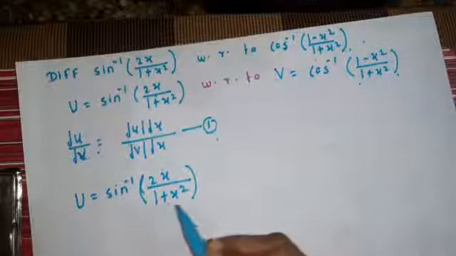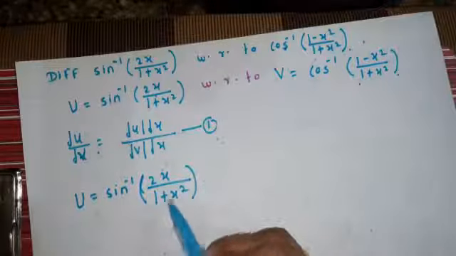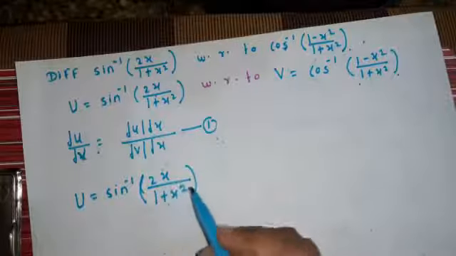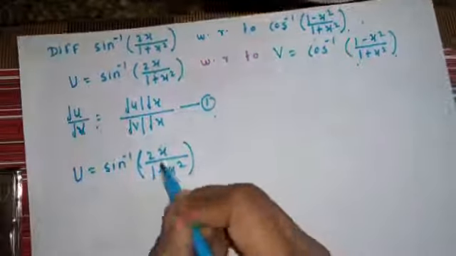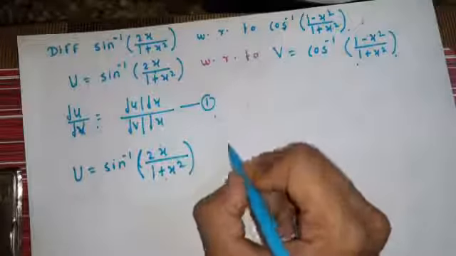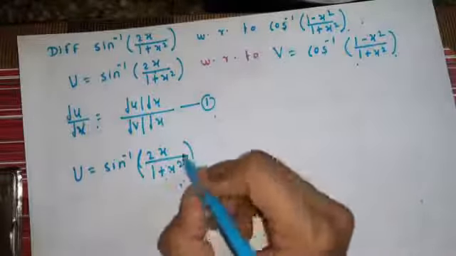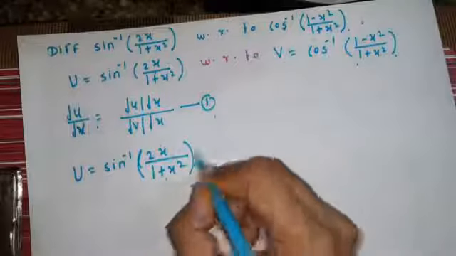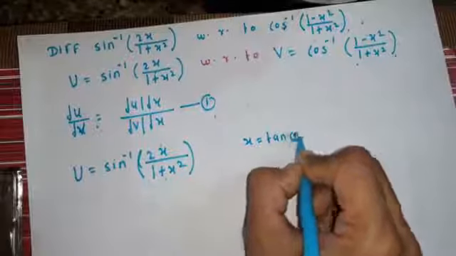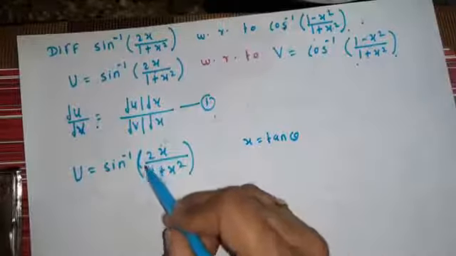First simplify the function, because this is an inverse type of function and we have solved such types of problems. Therefore here, by using substitution, we put x equal to tan theta.